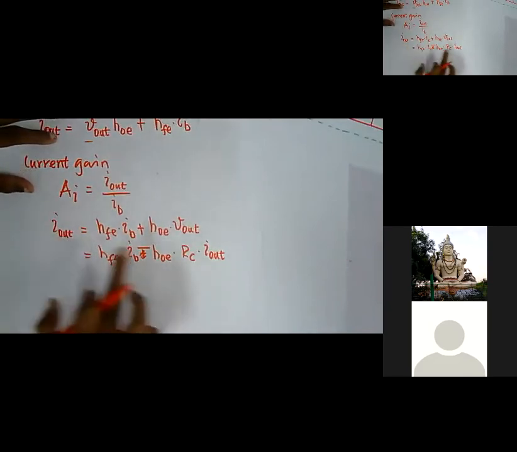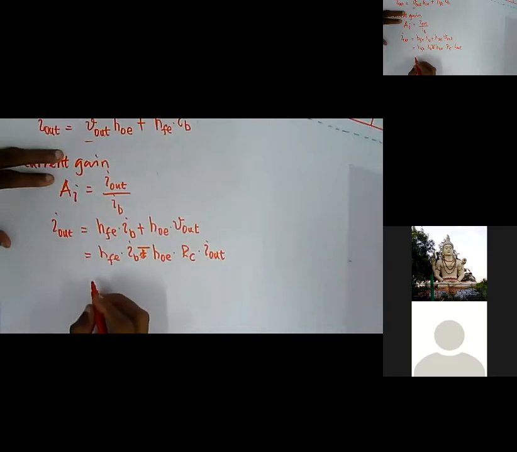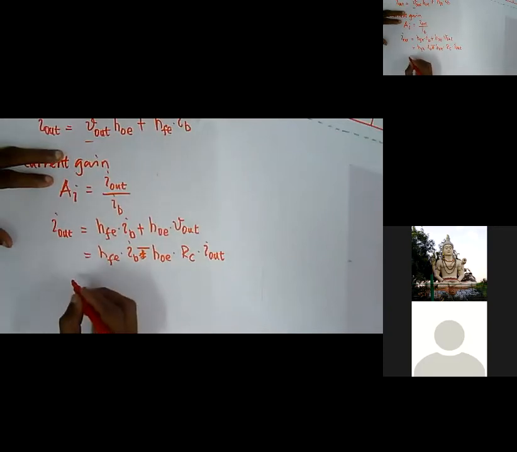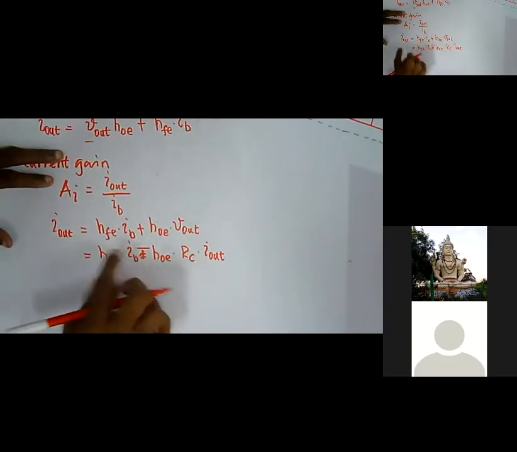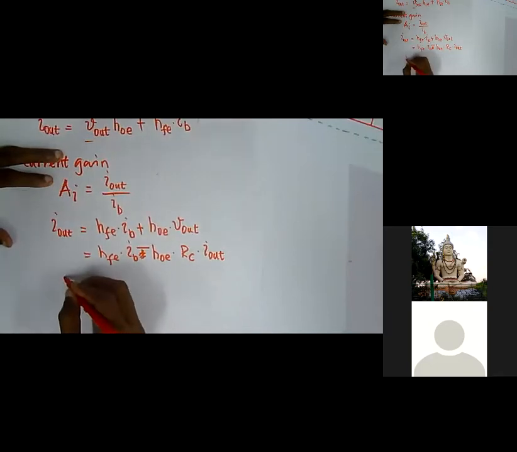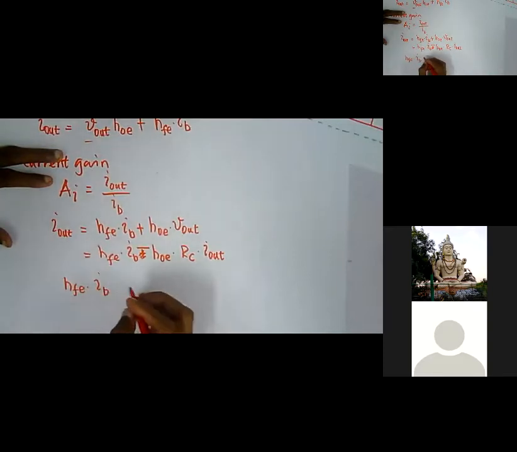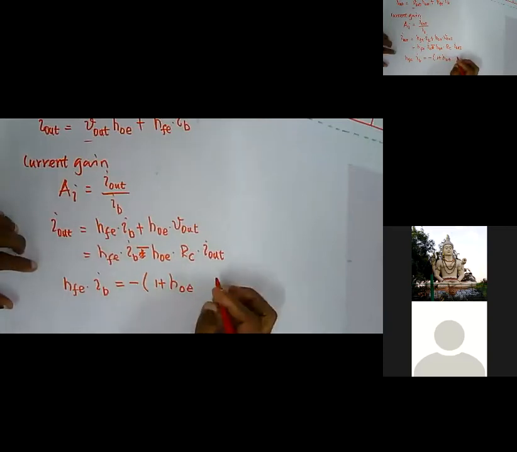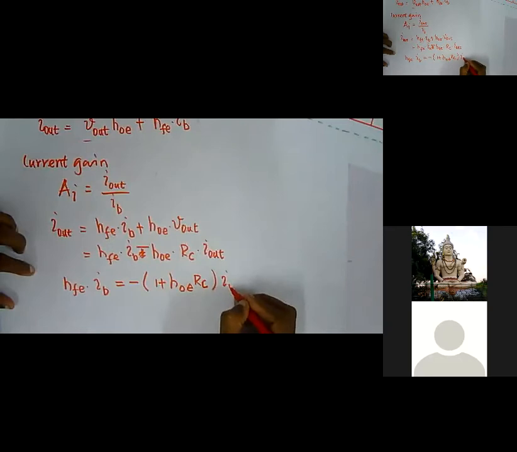So I can bring I out to one side and IB to the other side. HFE into IB equals minus of 1 plus HOE into RC, into I out.